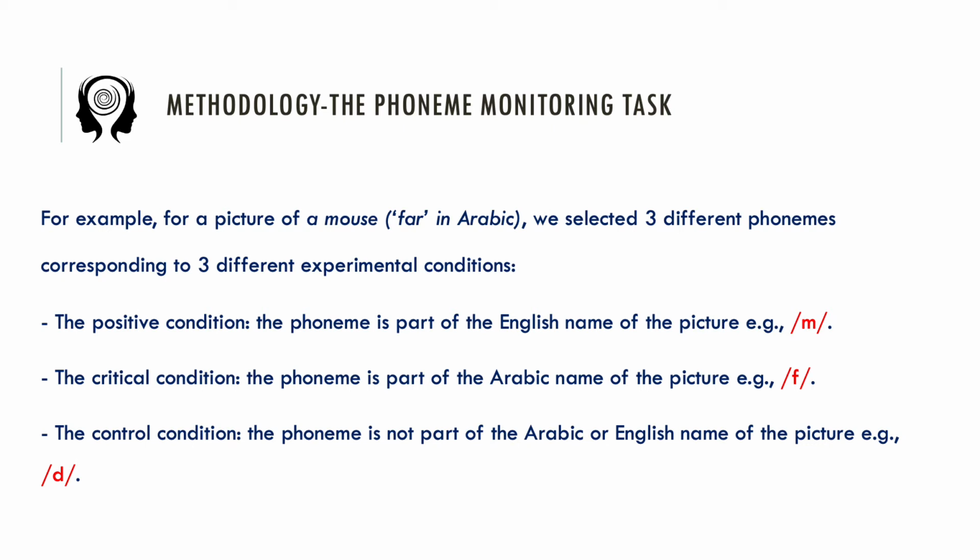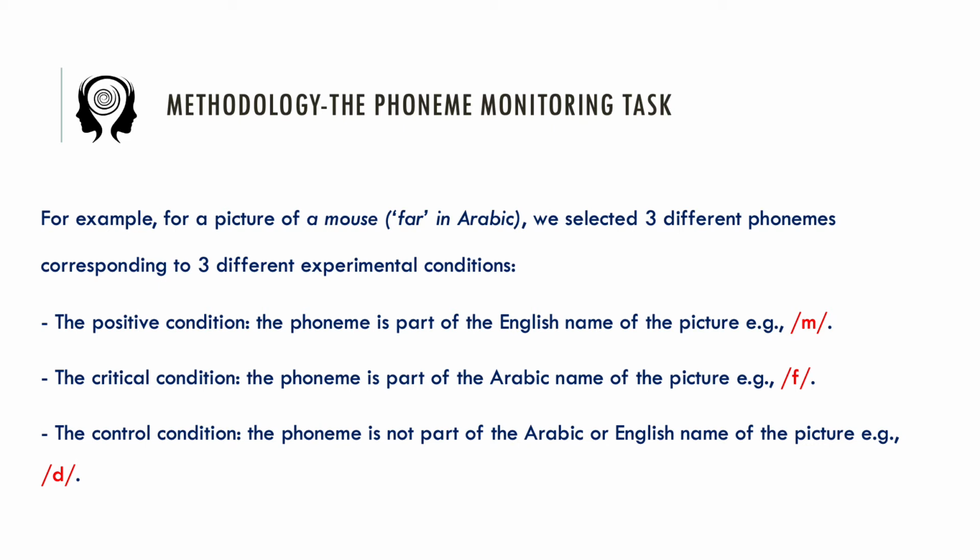So, in these 3 conditions, we expected bilinguals to provide a negative answer to all of these conditions except the positive condition. Now, we hypothesize that if the L1, which is Arabic, is activated during this task, which is monolingual and performed in English only, then we should see slower performance in the critical condition compared to the positive condition or the control condition.